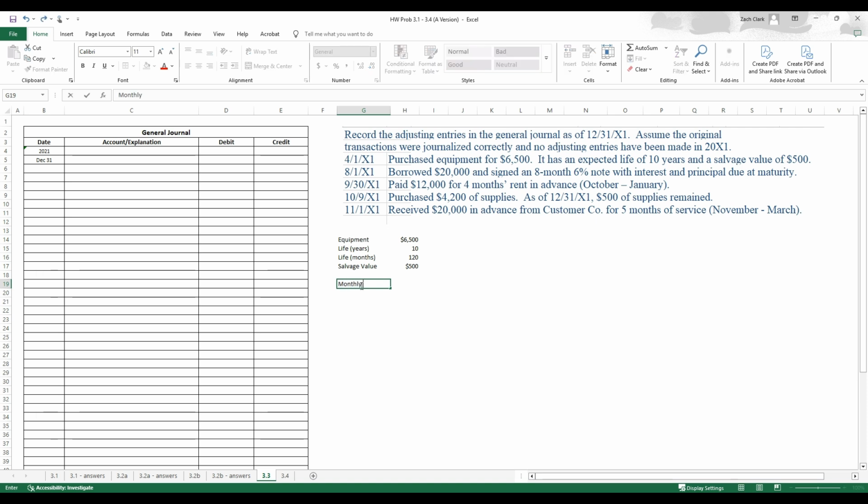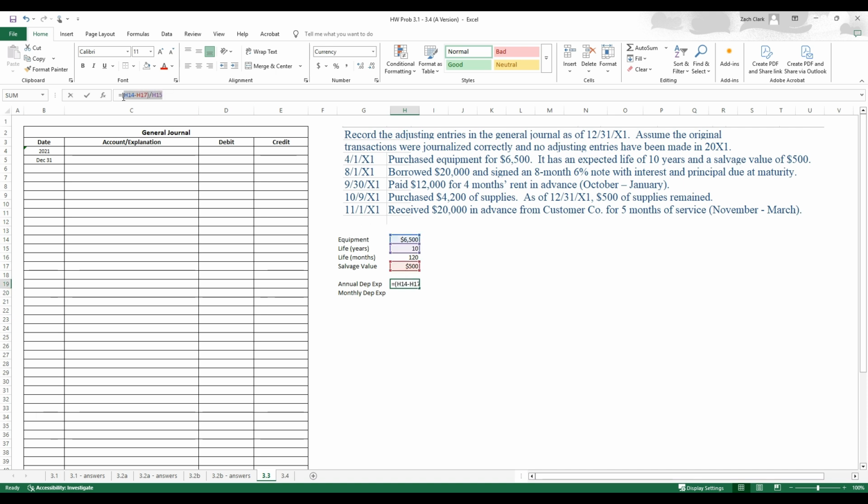And so let's calculate annual depreciation expense, and then we can also calculate monthly depreciation expense. Remember our formula is the cost minus the salvage value divided by the life, and for the annual, we could just do the 10 years.